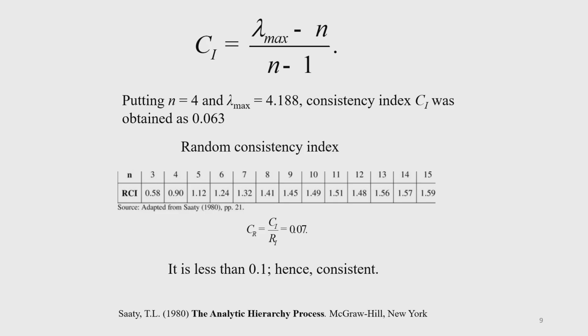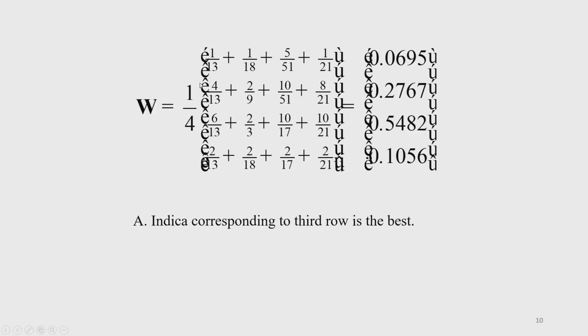Why does this issue of consistency come? Because suppose you compare A with B and B with C, then the comparison of A to C must also be consistent. It should not be that A is better than B, B is better than C, but C is also better than A. If A is better than B and B is better than C, naturally A is better.